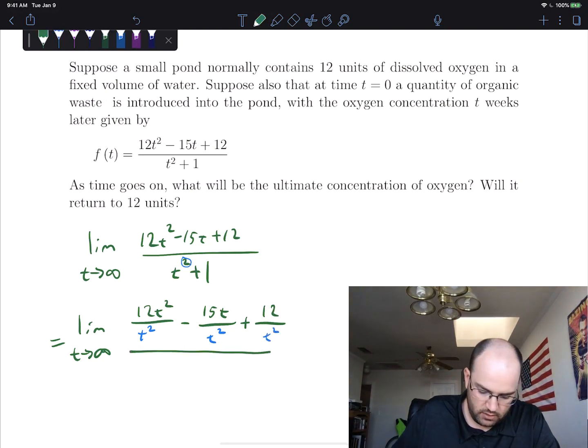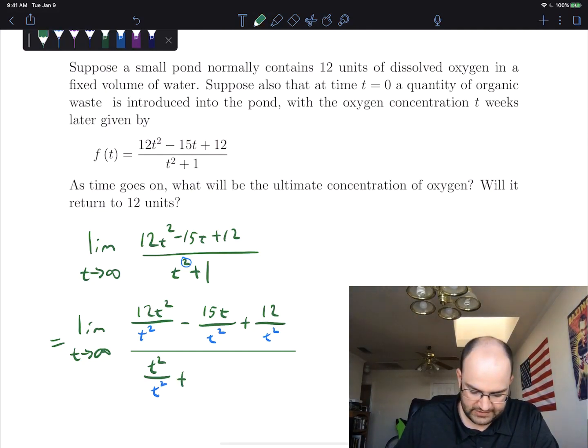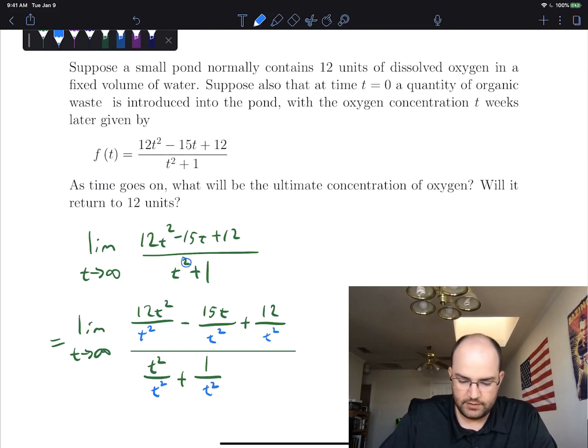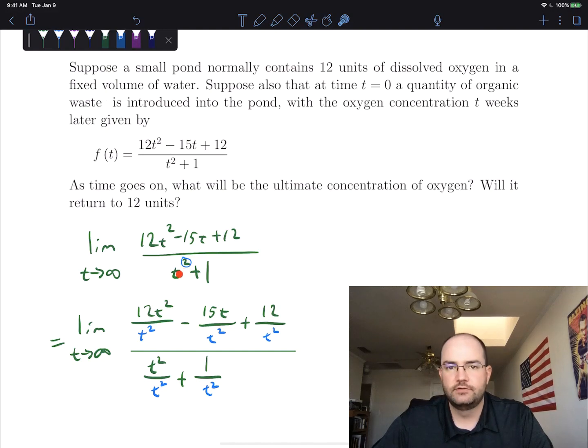Then again, all over the denominator of t squared divided by t squared, and then plus 1 divided by, again, t squared. Now notice that I chose t squared because that's the highest degree of the denominator.